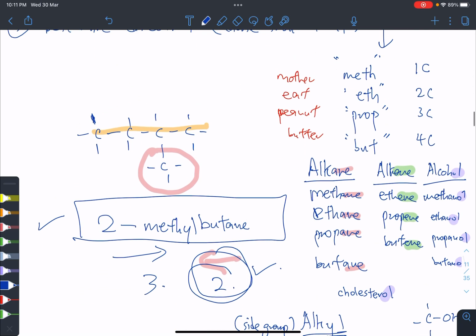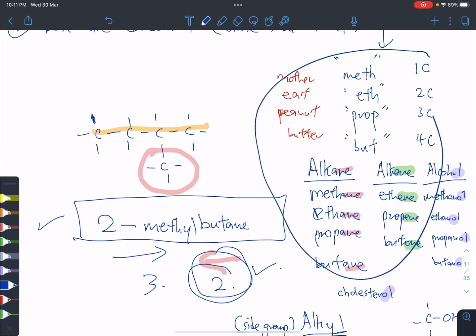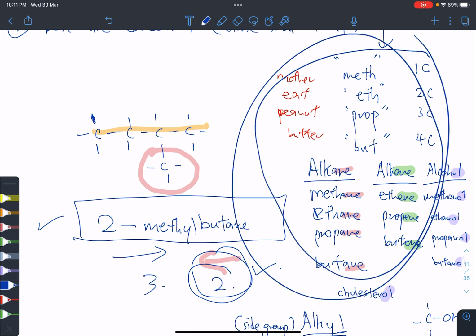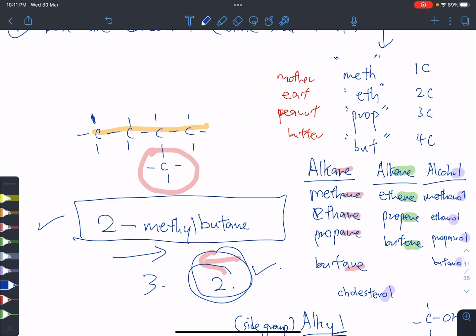Here, you will see some terms that you should know. You are expected to know the first 4 carbons of the homologous series in O-level chem. How to know? Very simple. When it's 1 carbon, it's often known as meth.